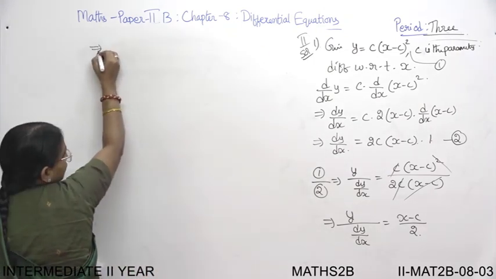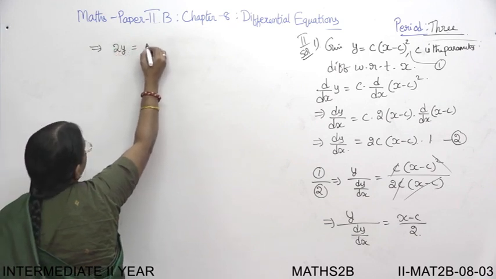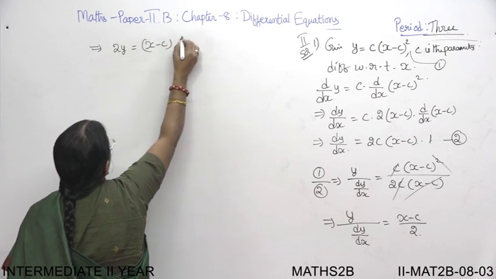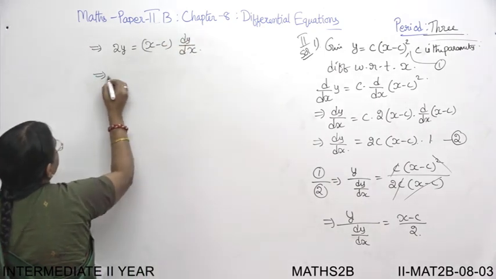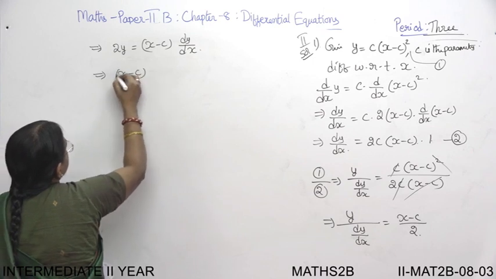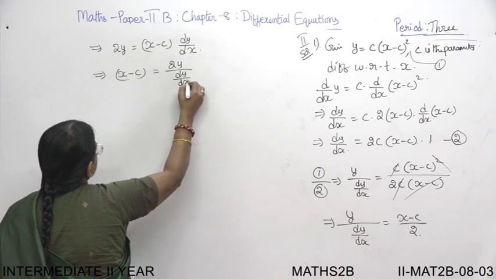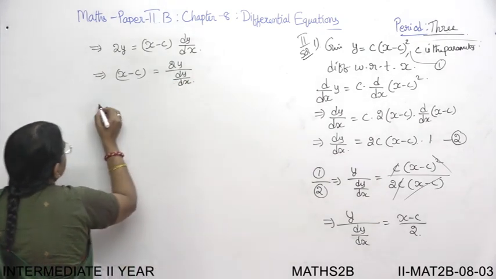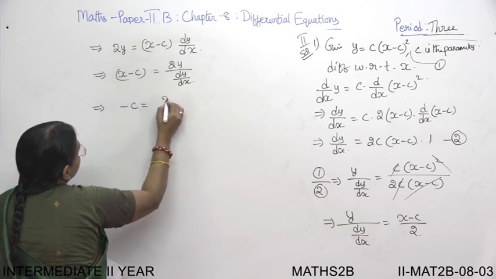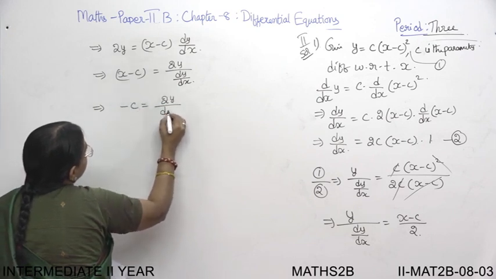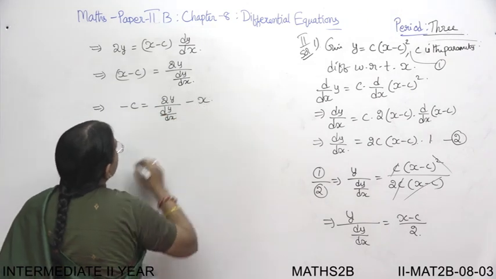So this implies 2y is equal to x minus c into dy by dx. So x minus c is equal to 2y by dy by dx. So minus c is equal to 2y by dy by dx minus x.